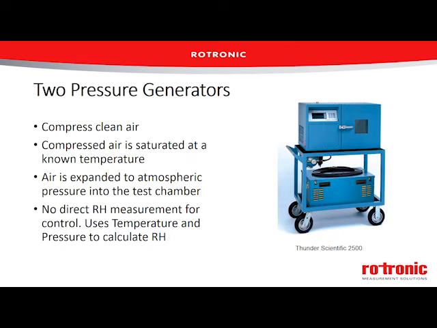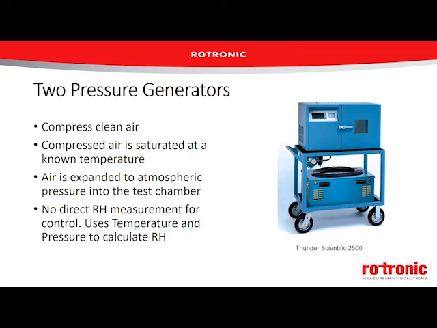So the way these work is you compress air to a higher pressure, whether it's 50 or 100, whatever the PSI gauge pressure is, and you saturate it. So you know you have air at a specific pressure and it's 100% relative humidity. Then it goes through a pressure reducing valve, and isothermally we expand or lower the pressure, usually to atmospheric.